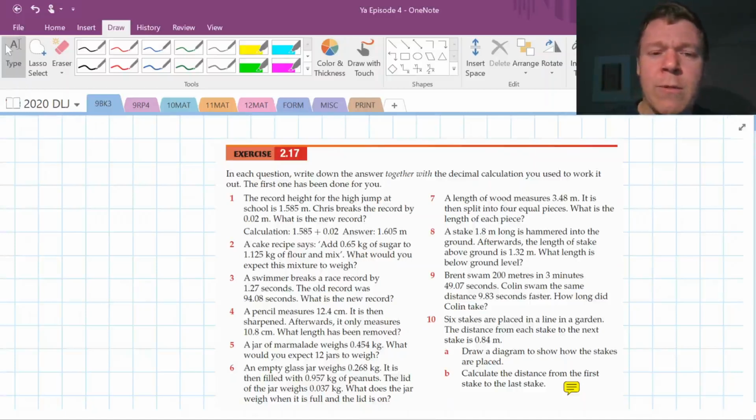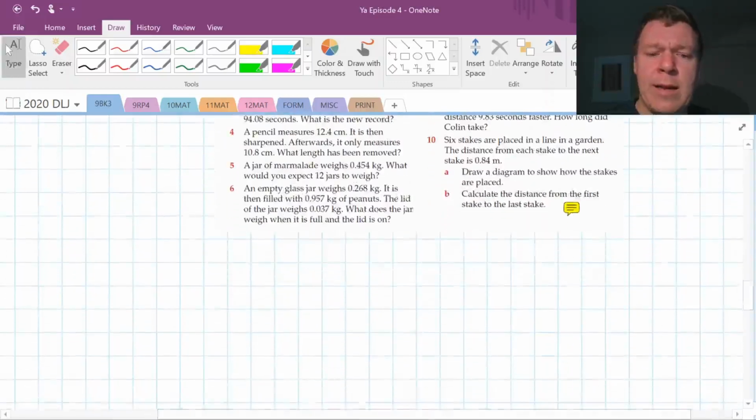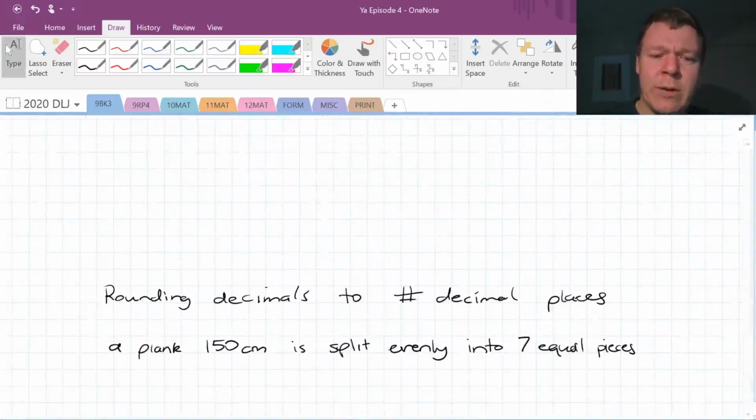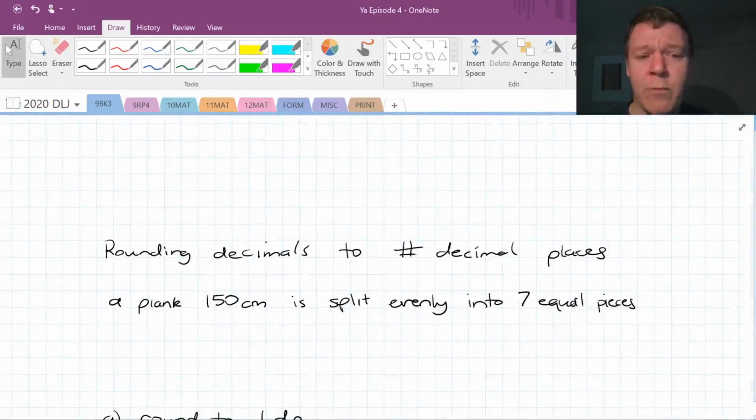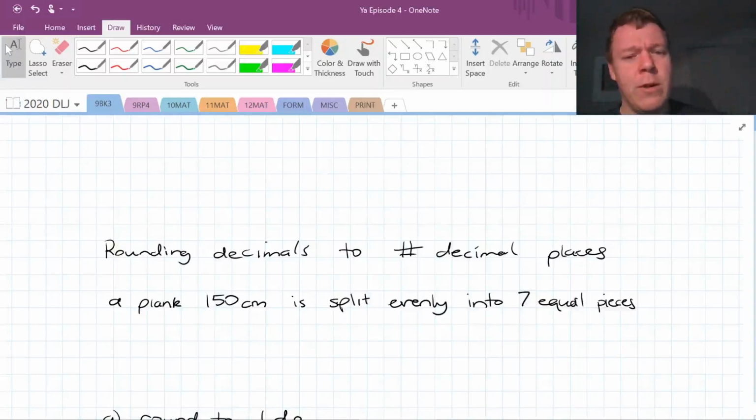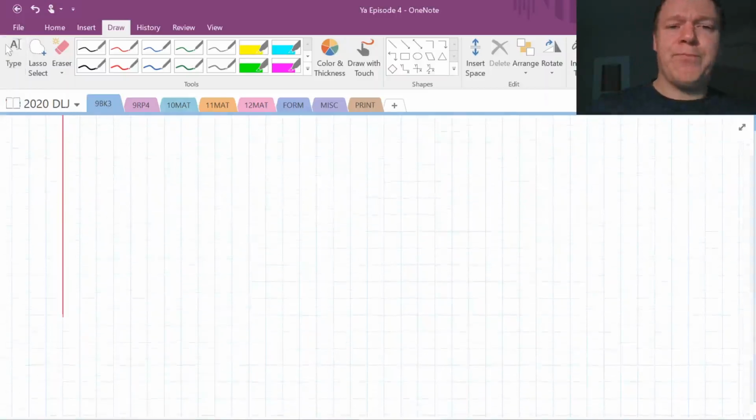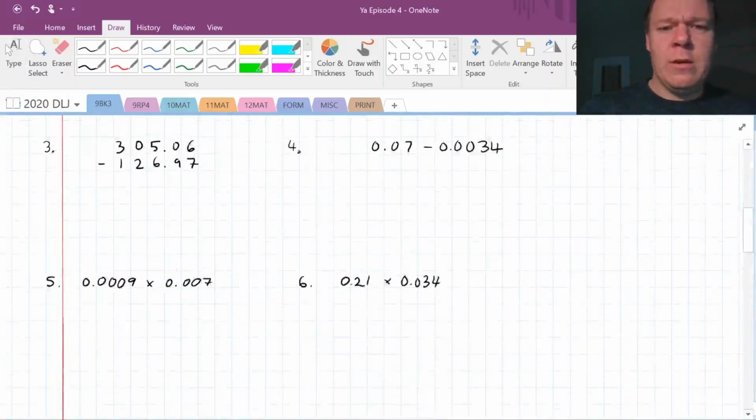When I get up to this point, you might want to do this by yourself. But I'm going to do 4 of these questions: 1 addition, 1 subtraction, 1 multiplication, 1 division. And then to round us off, we're going to do some rounding of decimals and show you how that works, which I think some of you will know and some of you might not know. That's okay. It's relatively basic.